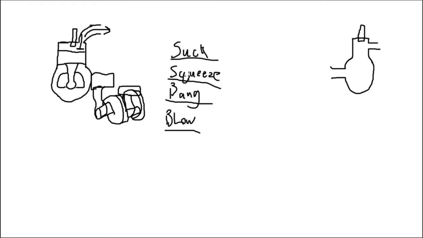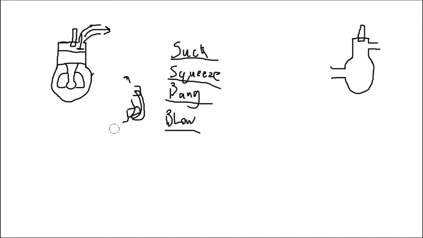Let's see here. If it just did the squeeze, this one would just be doing, I believe, the suck, if I'm not mistaken. Whereas that's doing the squeeze, it's about to do the bang, which will push that right back down, which will then obviously rotate this around, which will push this one up and move it into the squeeze cycle. And as I said, that's kind of what keeps it all going. Hopefully that made sense to you guys.